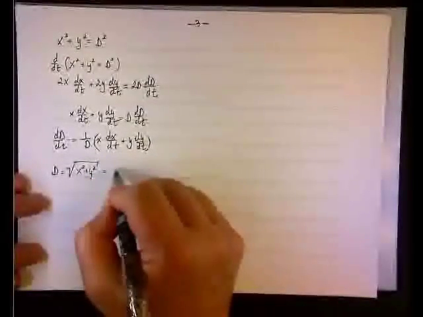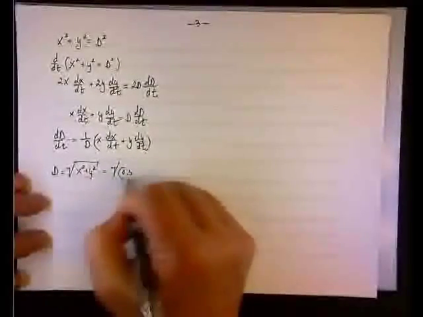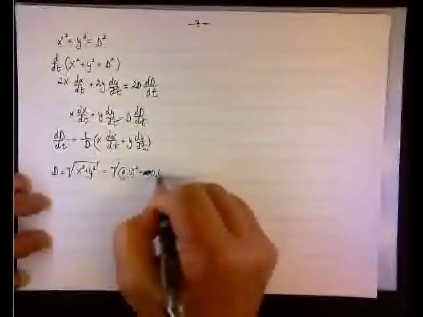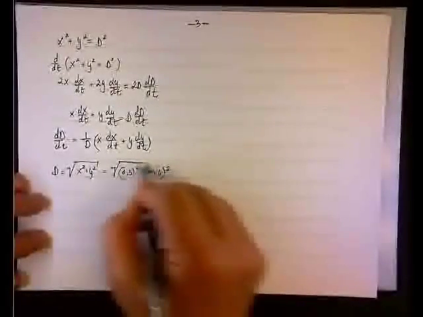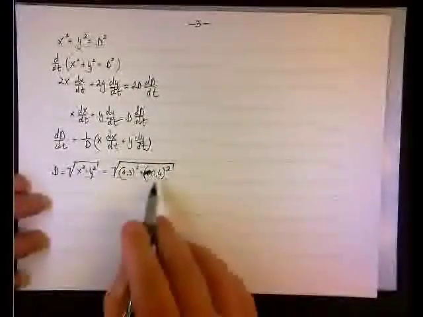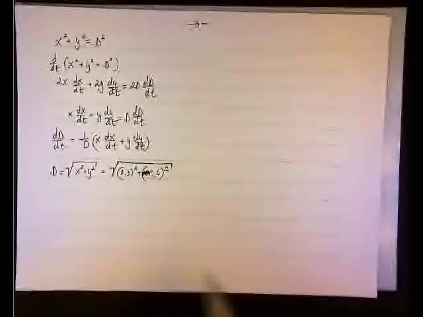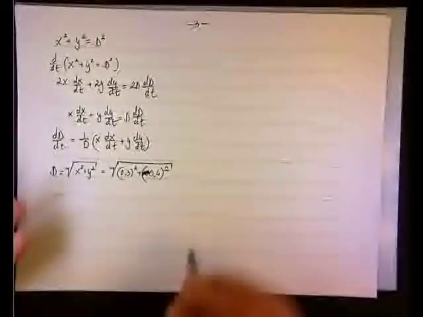So x squared is 0.3 squared, y is negative 0.4 squared. It doesn't matter because it will come out positive. So let's say 0.09 and 0.016 is 0.25.